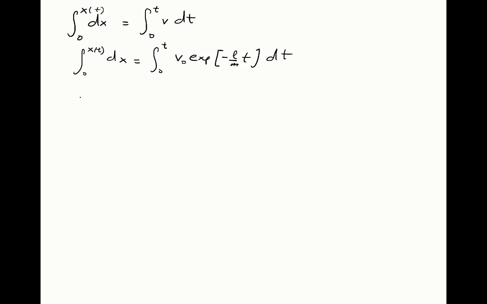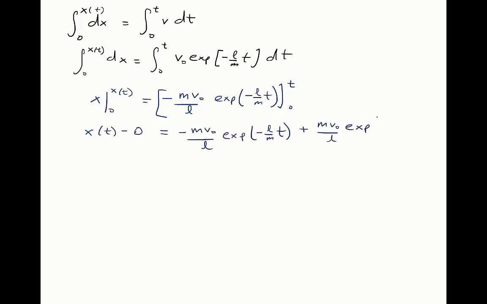Alright, so let's work this out. So we get x integrated from 0 to x of t equals, and that's bounded from 0 to t. So we get x of t minus 0, exponent of 0. Well, the exponent of 0 is 1.